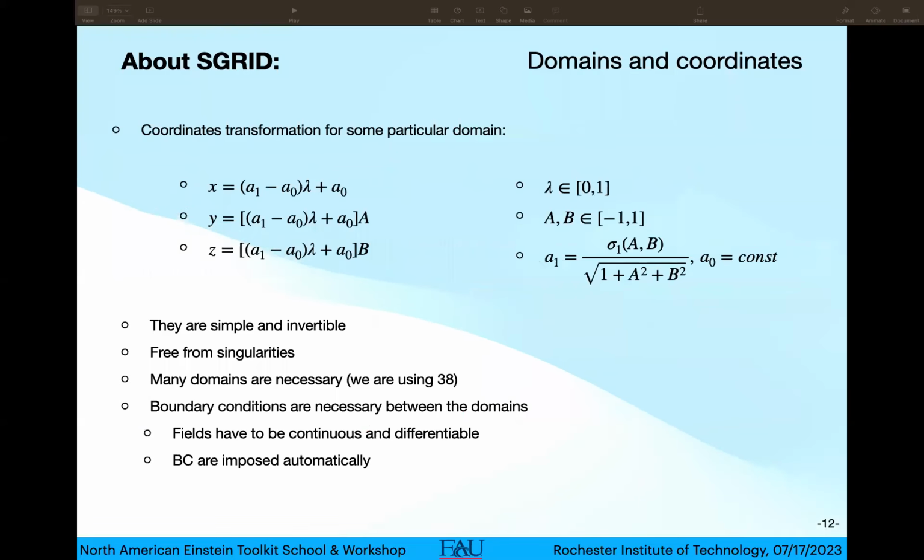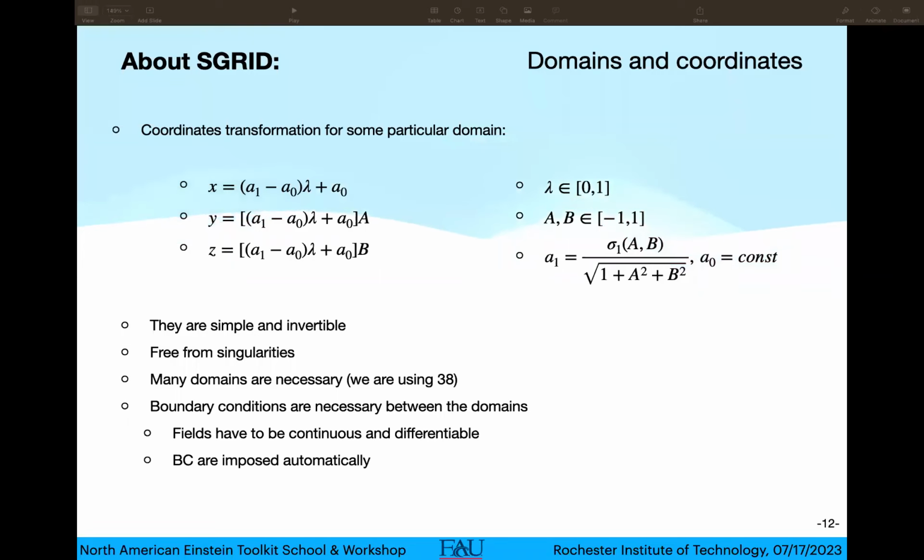And let me explain what exactly we are doing with these coordinates. Starting from the initial x, y, z, it is necessary just to transform them to the new ones, alpha, A, and B. But they are simple, they are invertible, they are free from singularities.